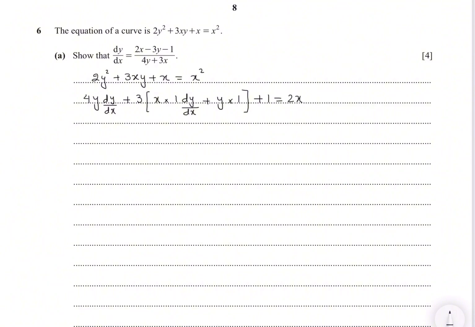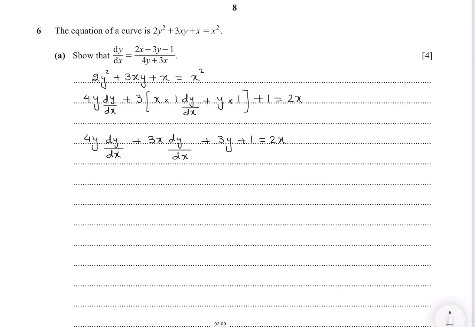Now first multiply 3 inside the bracket, so it becomes 3x dy by dx plus 3y and plus 1 equals 2x.